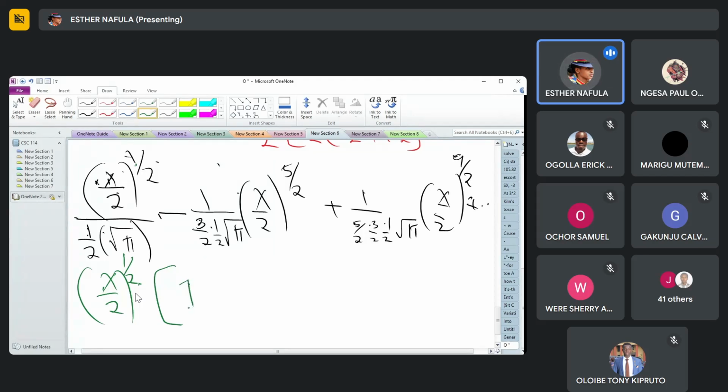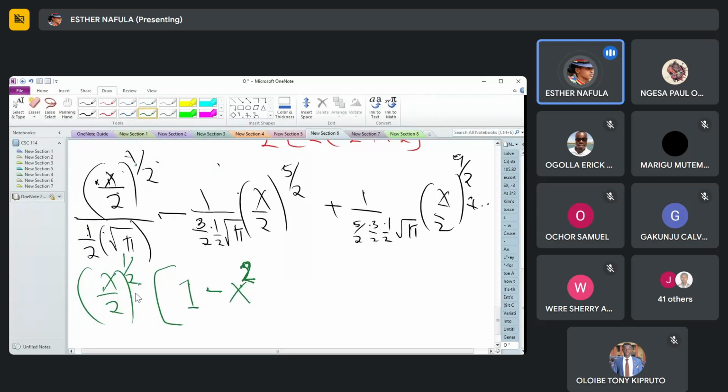For the first term, we have 1. For the second term, we factored out an x raised to a half, so we remain with x raised to 5 over 2 minus a half, which is 2. So we remain with x squared.